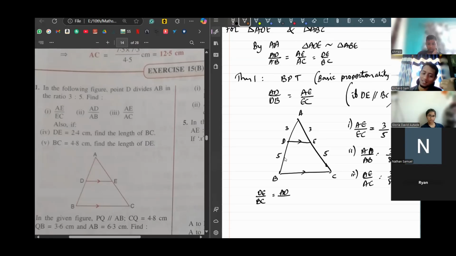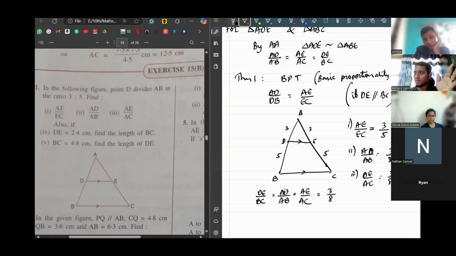This is the original theorem that we studied in the first class of the chapter. So DE upon BC will be equal to what? AD upon AB, which will also be equal to AE upon AC. Is that clear? And what is this ratio? AE or AD is 3. And what is the denominator?